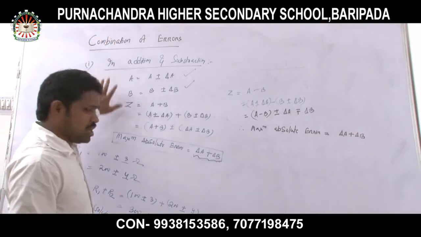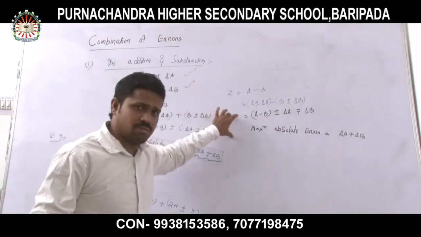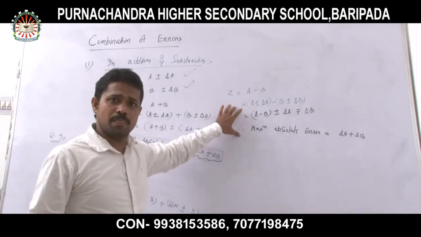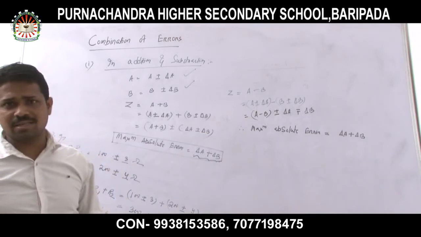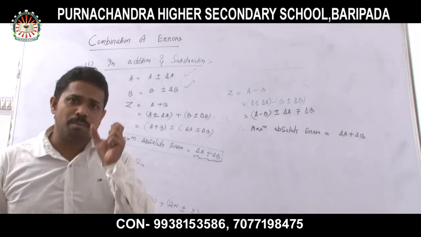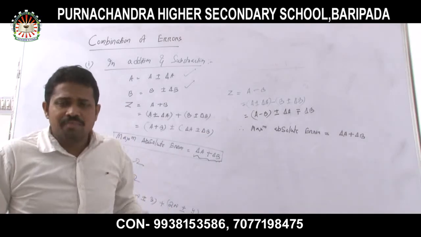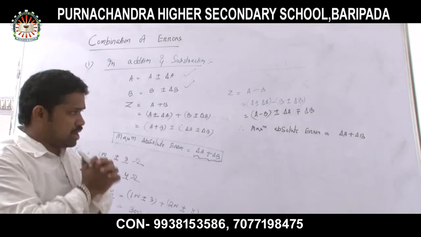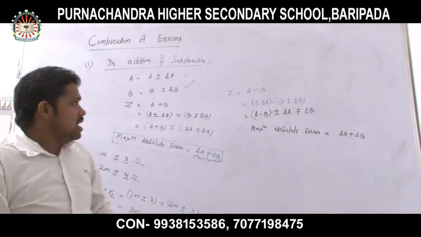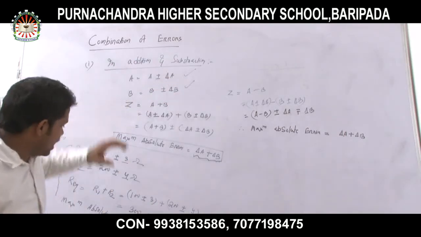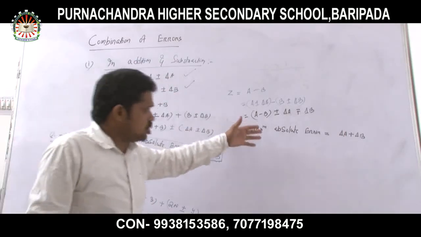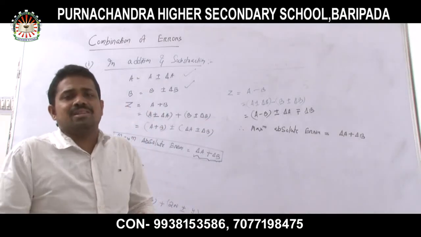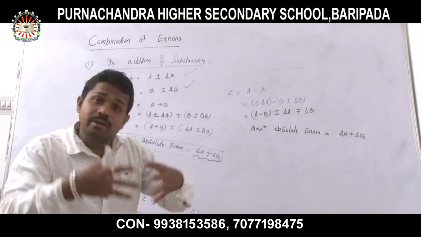Whether it is addition or subtraction, in both cases the errors must be added. We get the maximum absolute error in addition by adding these two, and in subtraction also by adding these two.